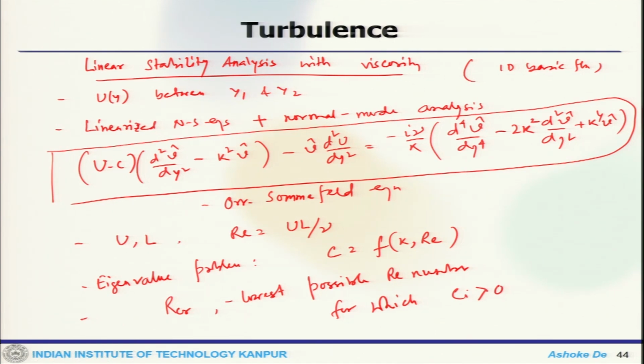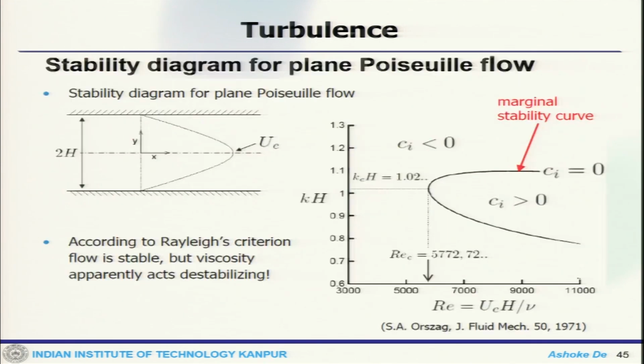So, we can look at it for plane Poiseuille flow. That is the stability diagram, and for plane Poiseuille flow, this is my two parallel plates, and the distance between them is 2h, and this is my center line velocity.